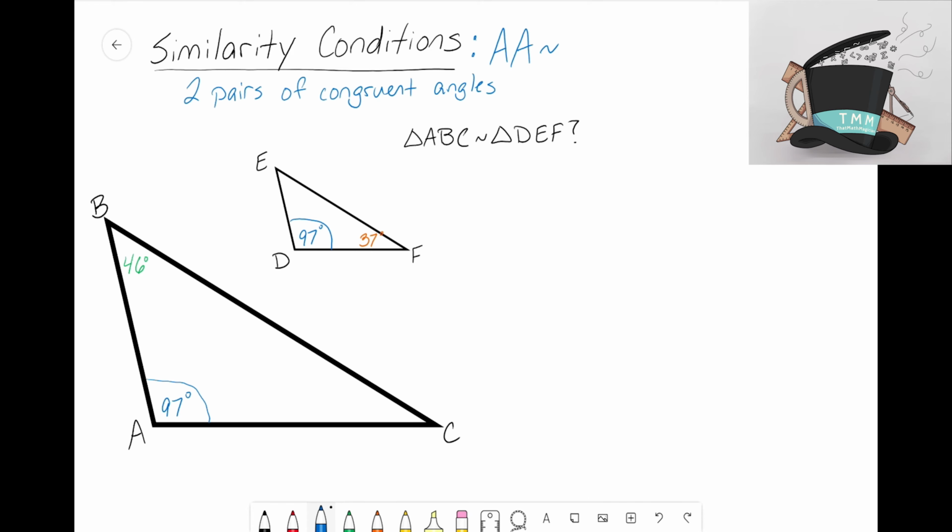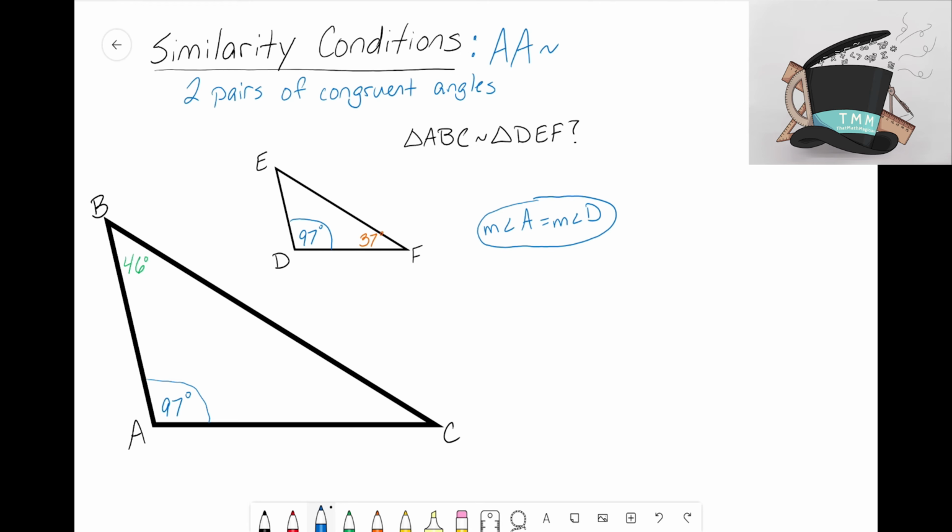When we create our flowchart to show whether or not these are similar, that's going to be one of the first facts. The first fact I'm going to write is that the measure of angle A equals the measure of angle D. That is a fact because both triangles have an angle that is 97 degrees. It's angle A and it's angle D.